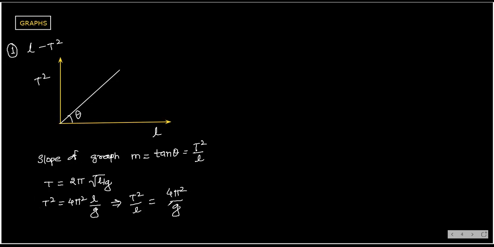And therefore, if I want to find G, what can I do? G is equal to 4 pi square into L by T square, which is nothing but 1 by the slope value.